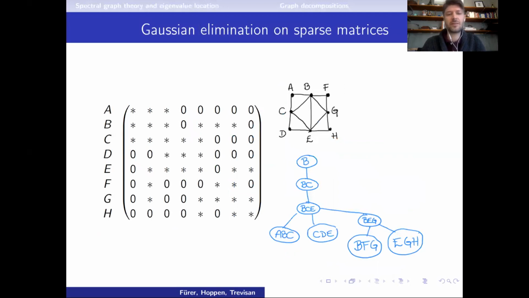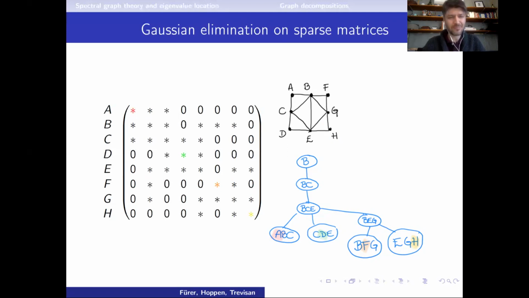So what's the relation between Gaussian elimination and treewidth? We have the matrix that we had before, the associated graph, and the tree decomposition of the graph. Let's look at the positions AA, DD, and so on, the diagonal positions on those rows, and let's look at their elements in the tree decomposition. We can see that A is in a single bag.